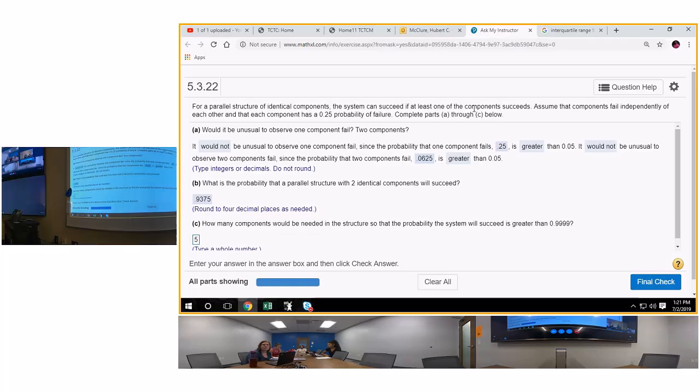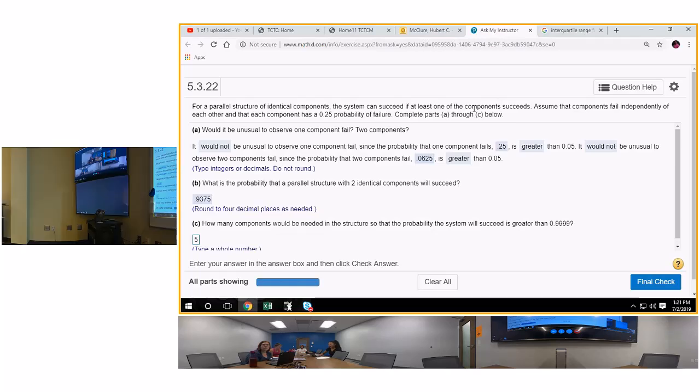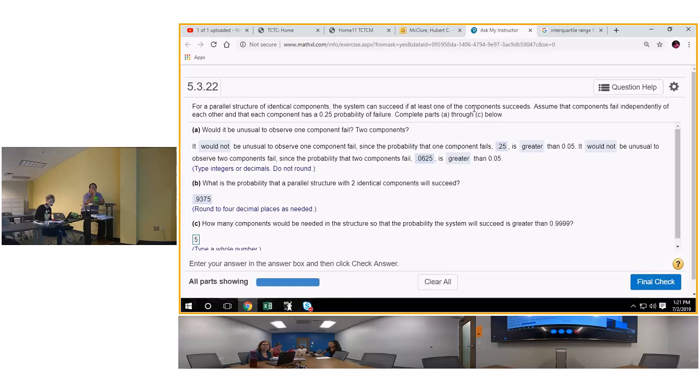You would set 0.9999 equal to 0.9375 to the x power.